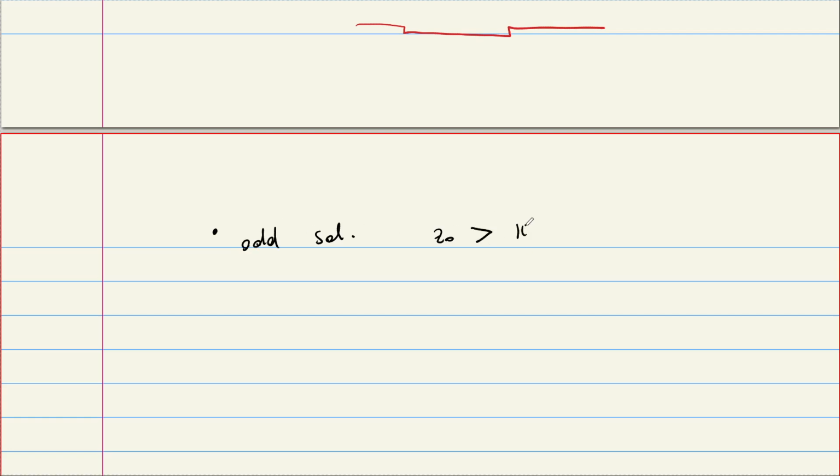Z0 should be bigger than pi over 2, and this gives you a condition for V0.